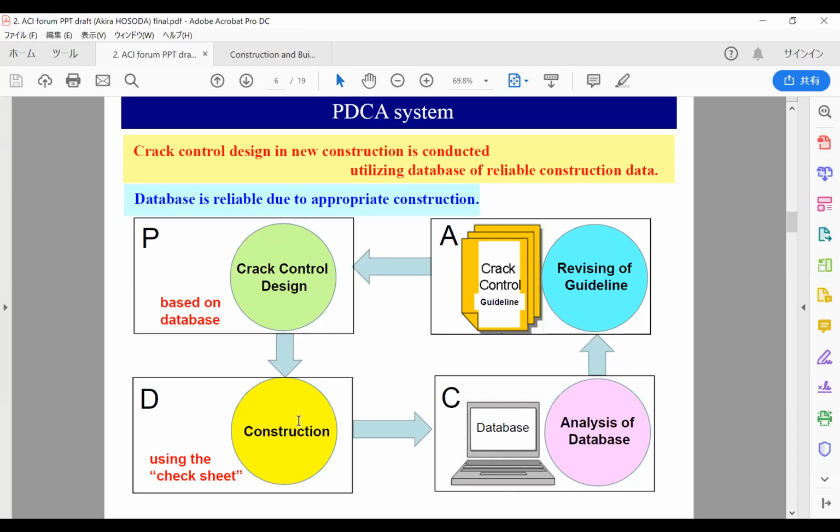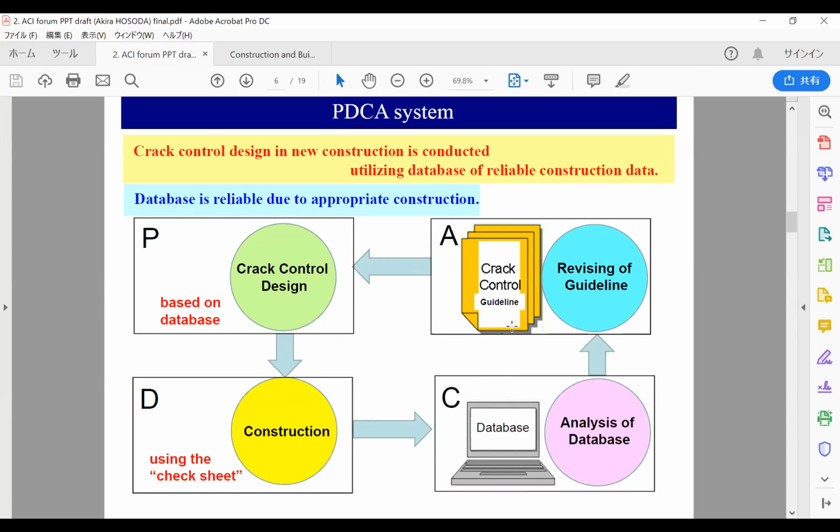After that, again, they will construct, and of course the quality of construction is good. Then that data is accumulated. Based on this database, we can establish a kind of guideline.